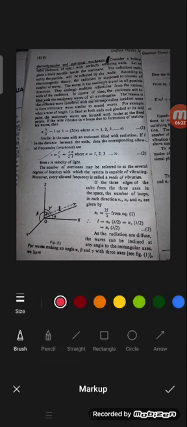Lambda is 2L by n, so nu is equal to c n by 2L, where n is an integral multiple. The particle will move in three different directions, all the possible directions.